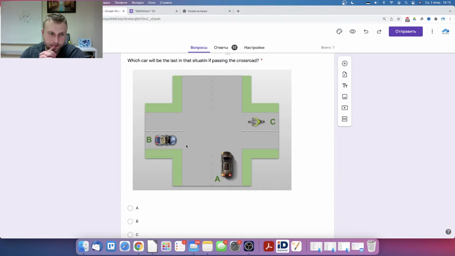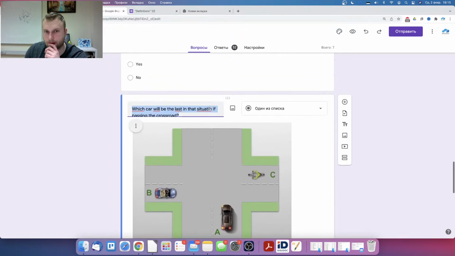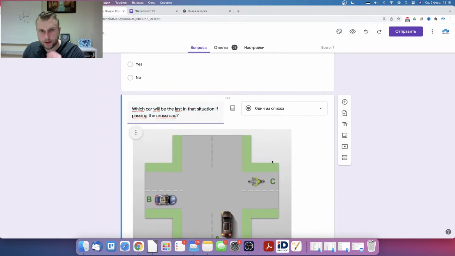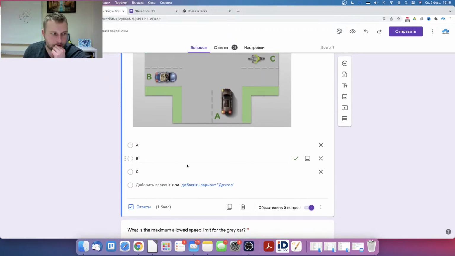So A is not the correct answer in that case because B cannot go before A, because B has to give way to the A. So C goes, then A goes, and then B goes. So B is the correct answer.